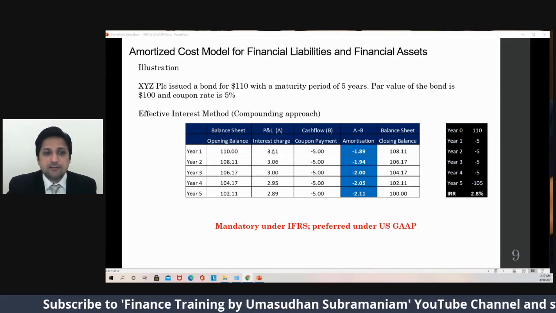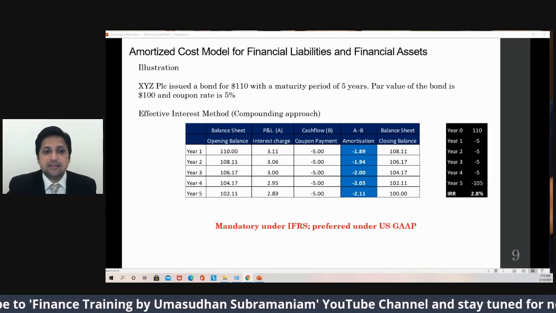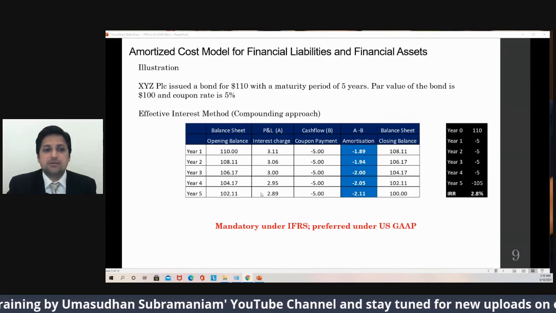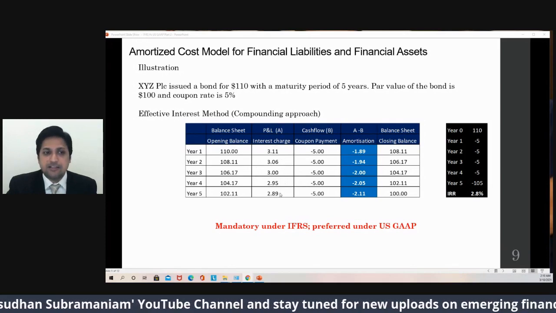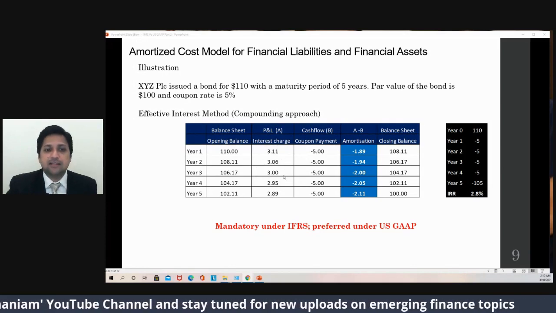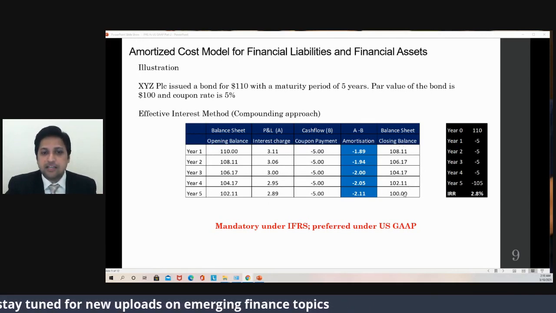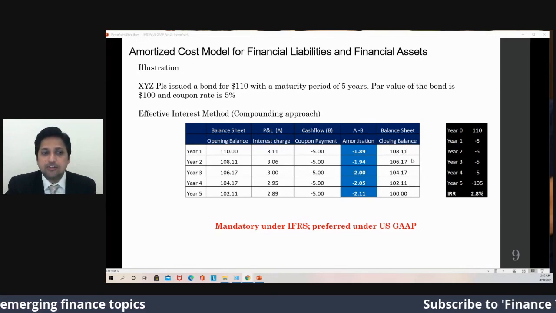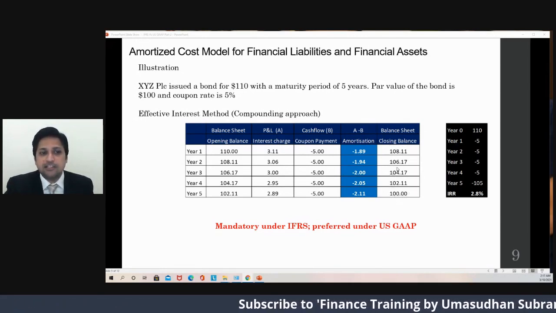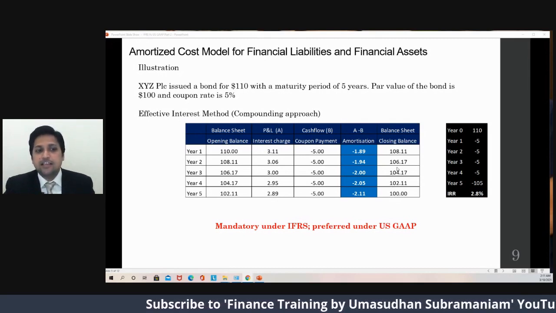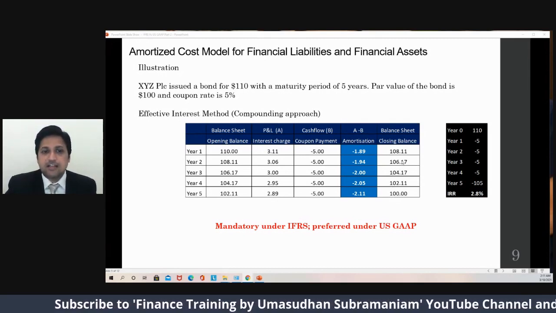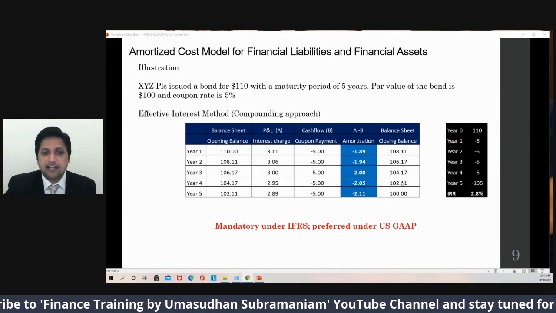So the interest that gets charged into the income statement is your effective interest rate, which is calculated in this particular column. And remember, in the balance sheet at the end of the accounting period, this is the closing balance for your financial liabilities under each of these years, starting from year 1 until year 5.